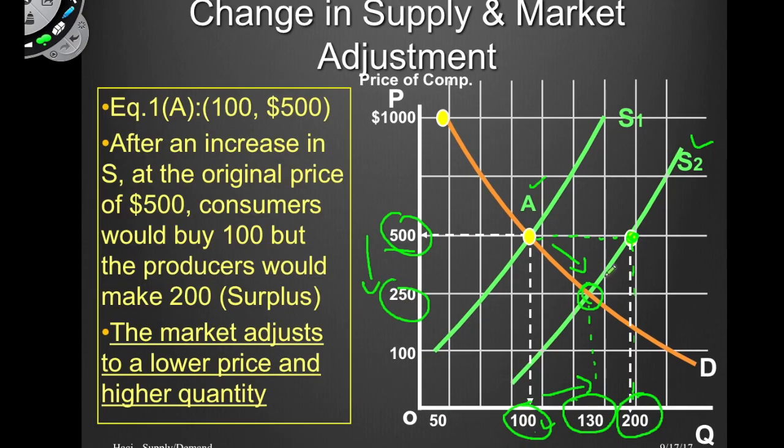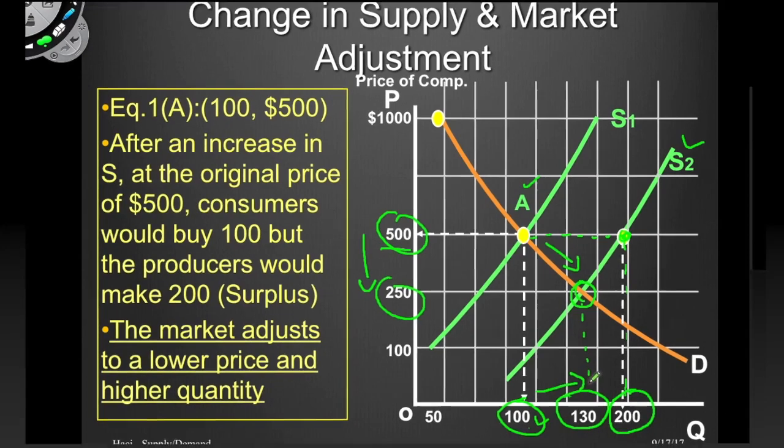Okay, so the result is that as you increase the supply of a product, the market will adjust by bringing the price down and increasing the quantity at equilibrium, which means the quantity that is both sold and produced.